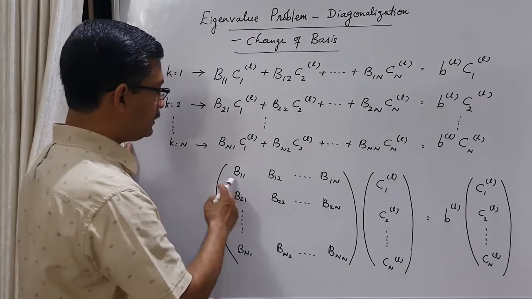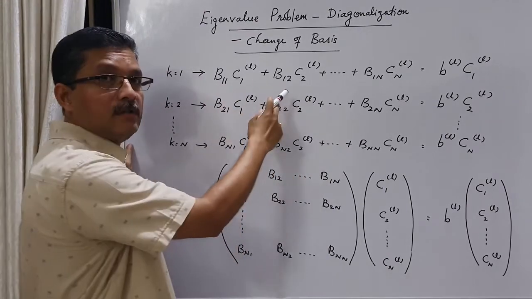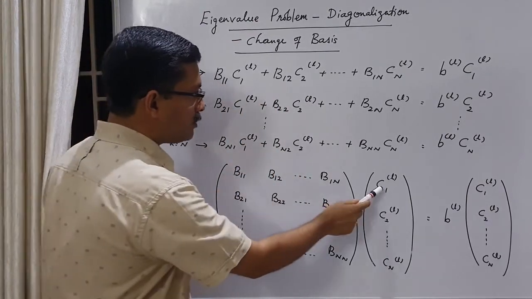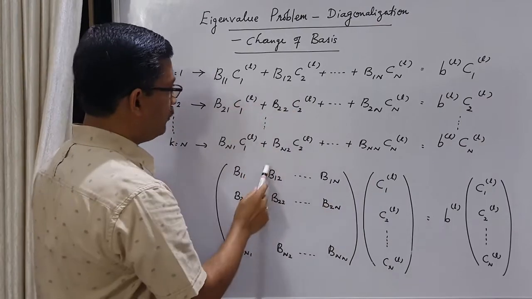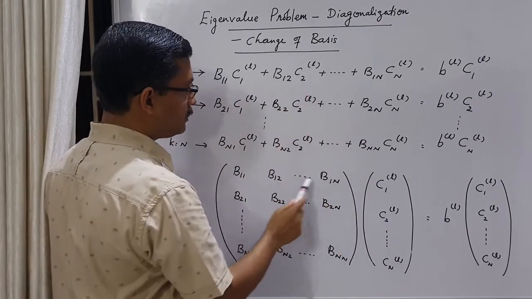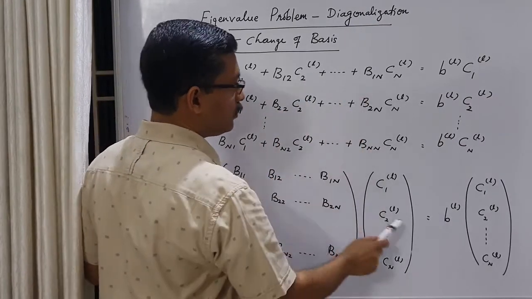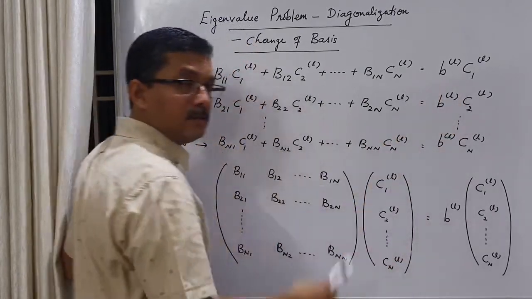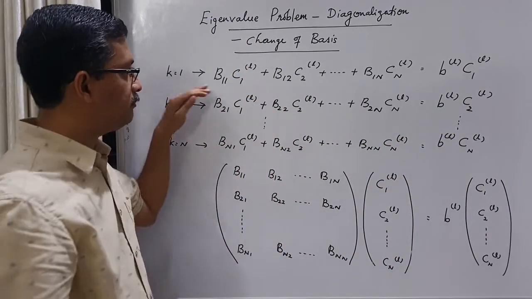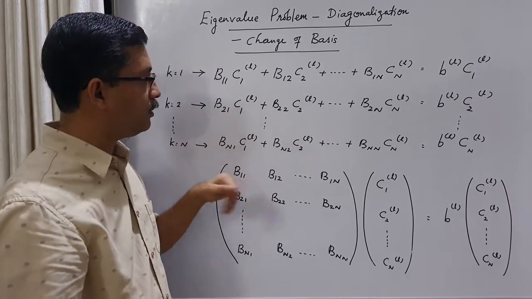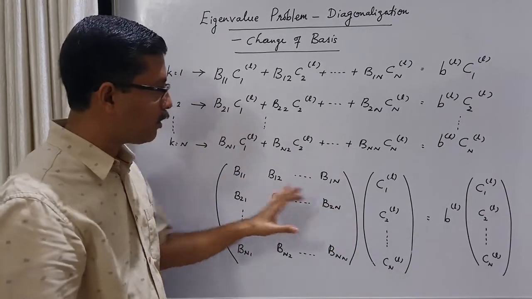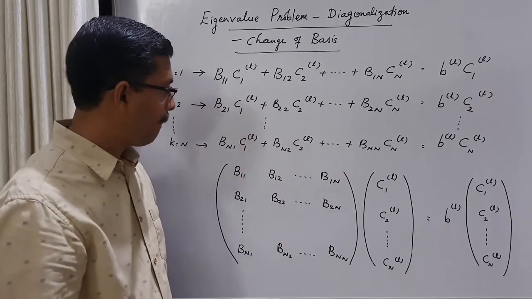We can verify that. See the first line, we get the first linear equation, B11 C1L, B12 C2L, etc., B1n CNL equal to BL C1L. In this way, each line corresponds to the product, each row here.